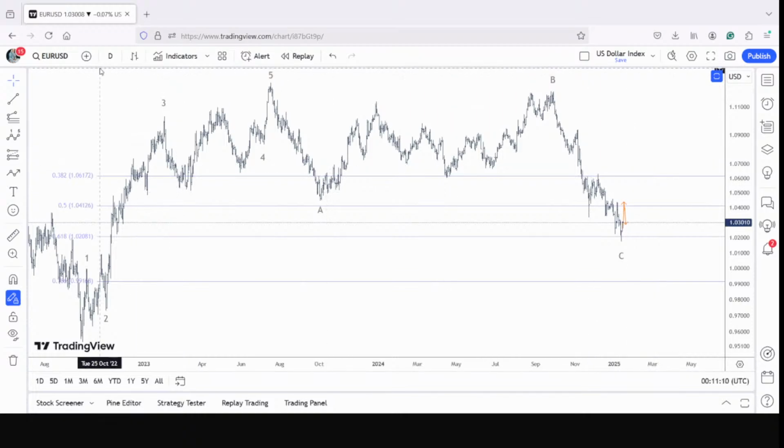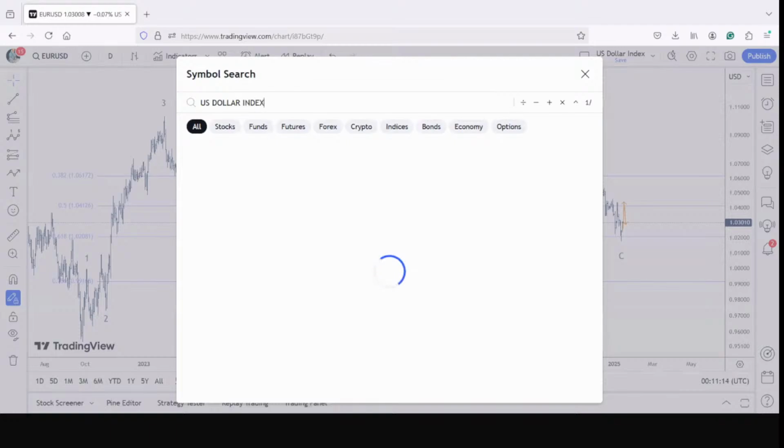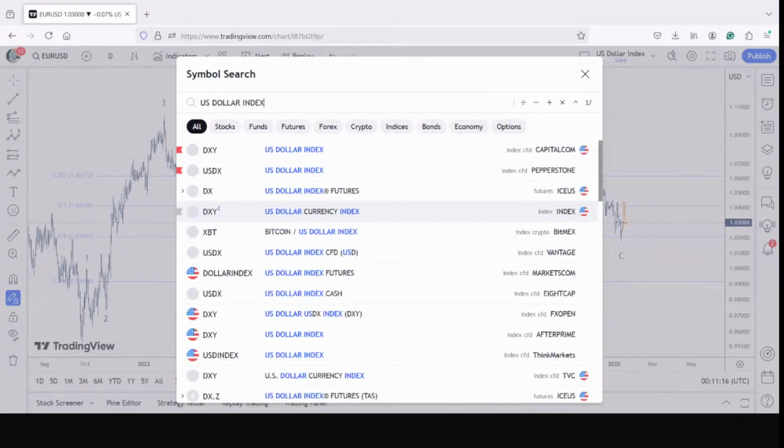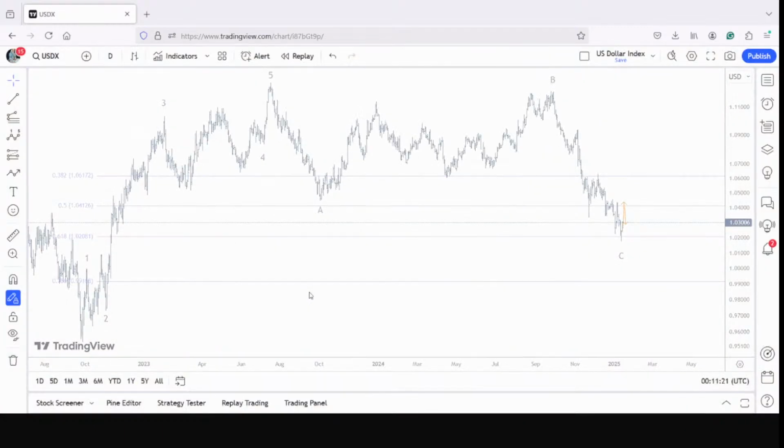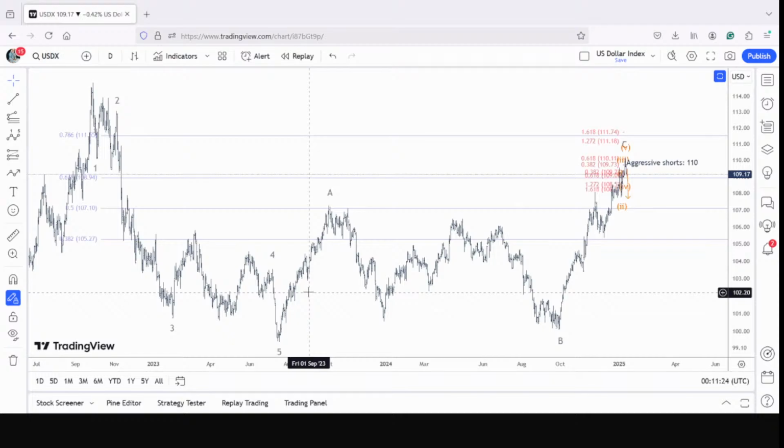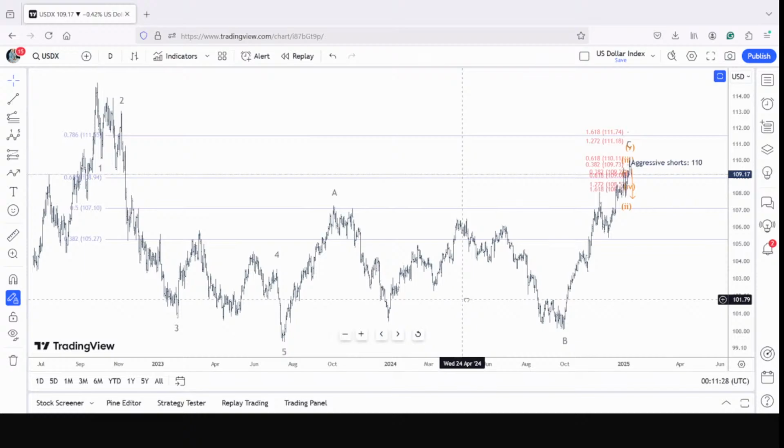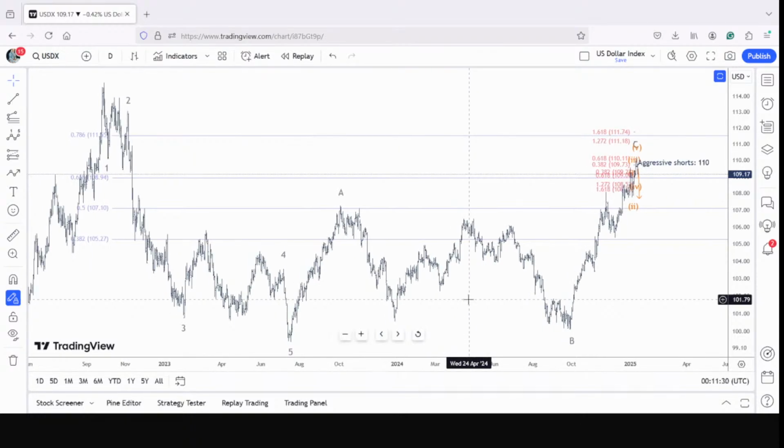All right. Now let's take up the dollar index. I mean, normally the dollar index would be opposite the euro. That is quite obvious. But the reason why I always like to touch base with the dollar index is once you know the dollar index projected move, you get a realistic picture of all the dollar crosses.